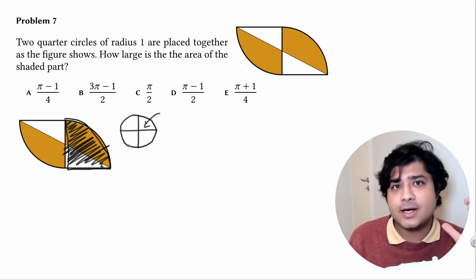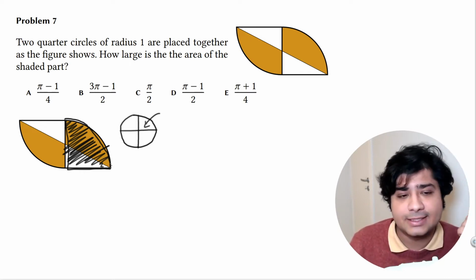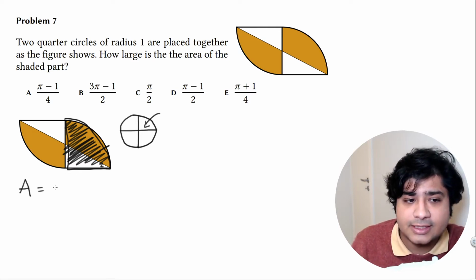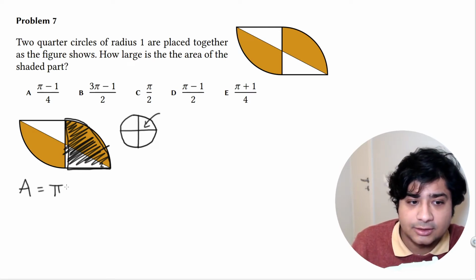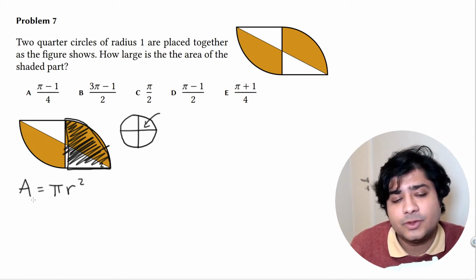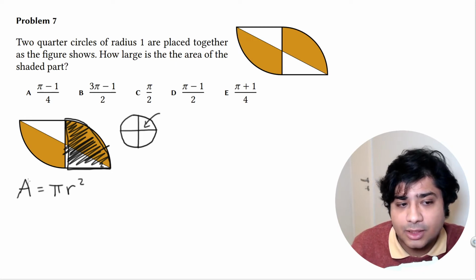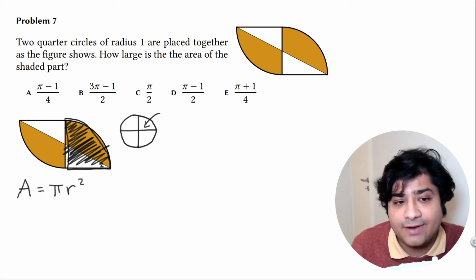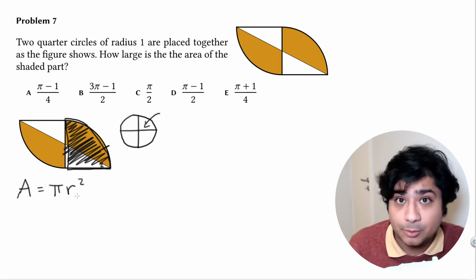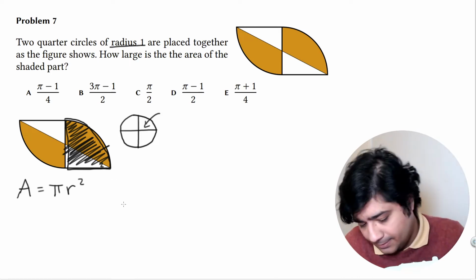Now, what is the area of a circle? That's something you need to know in this case. The area of a circle is pi r squared, r for radius. I'm going to write that down so I remember it. Now I'm going to use that area formula to find the area of the entire circle here. We're lucky because the radius in this case is 1, as stated here.